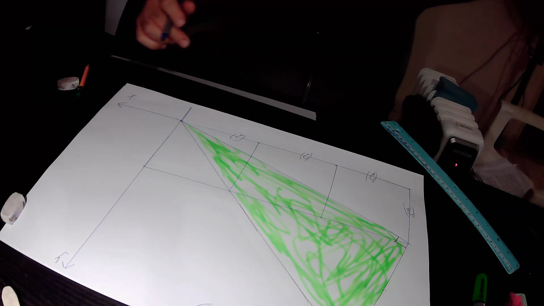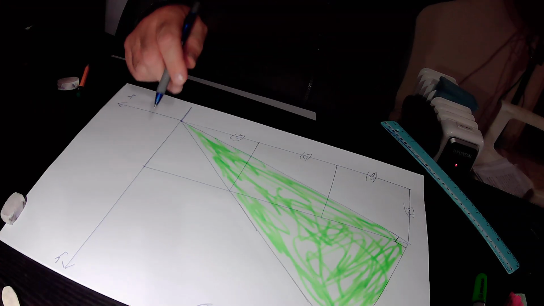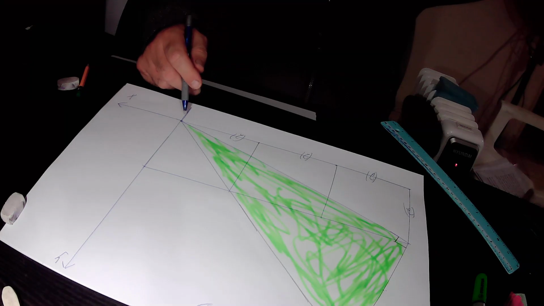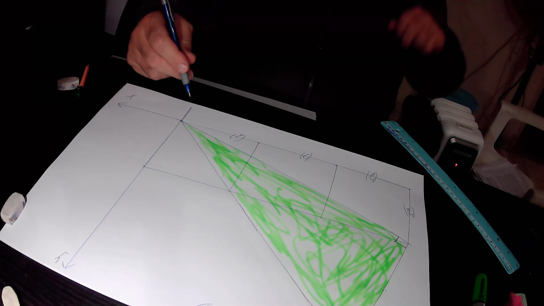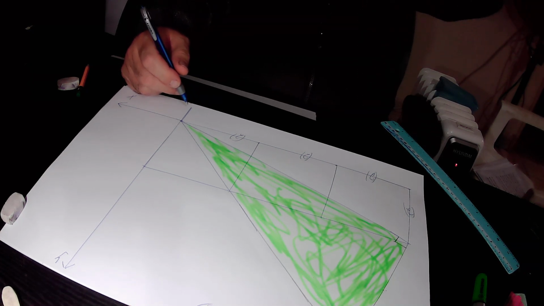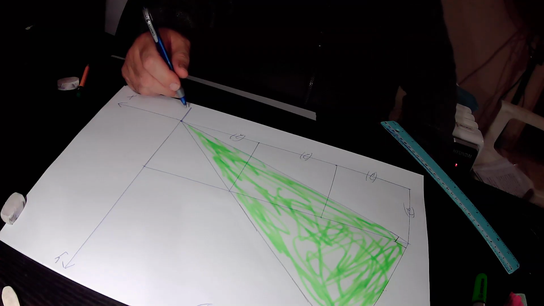The intersection point between the x-axis and y-axis is at this point. This point is defined as the origin, and the coordinates of the origin are 0, 0.